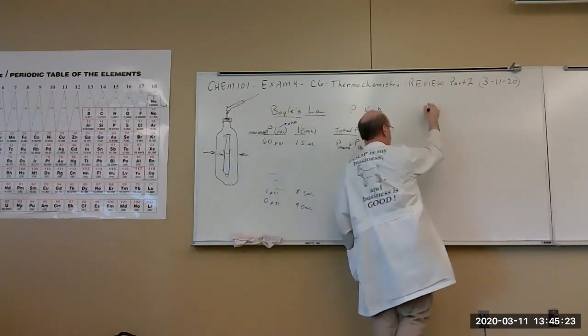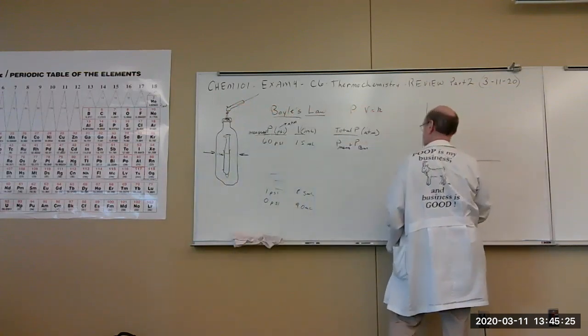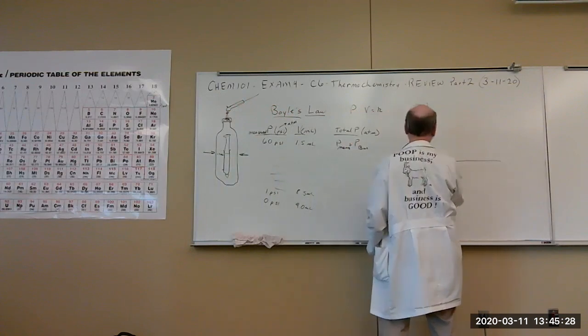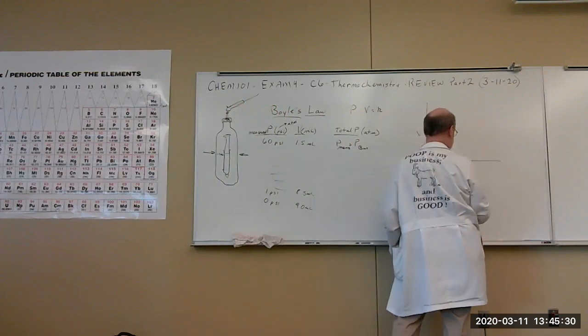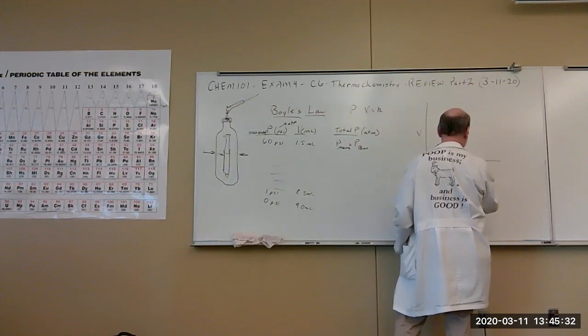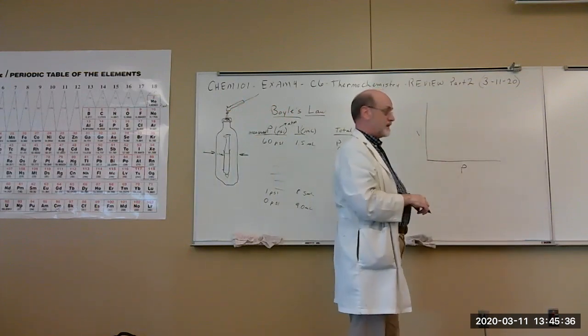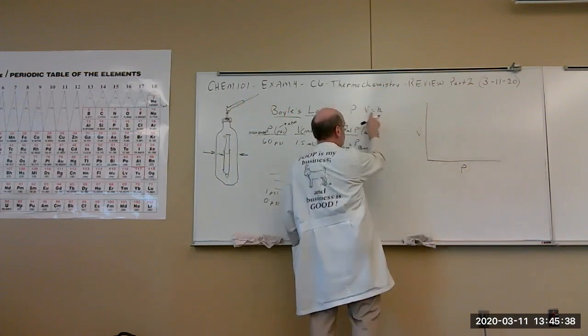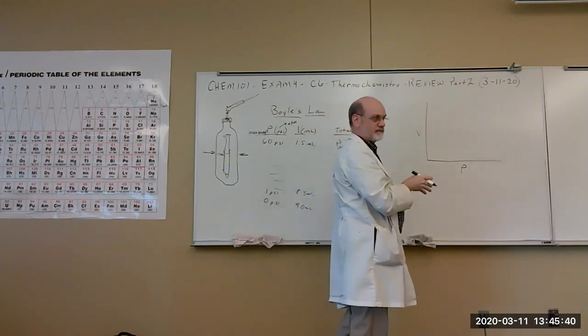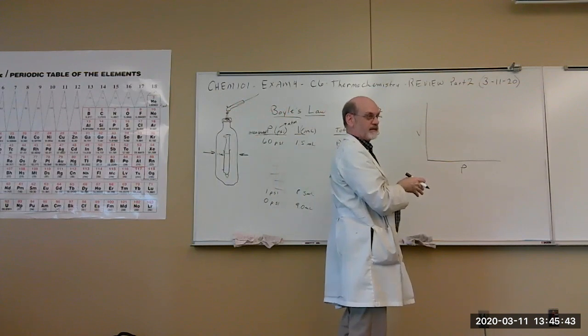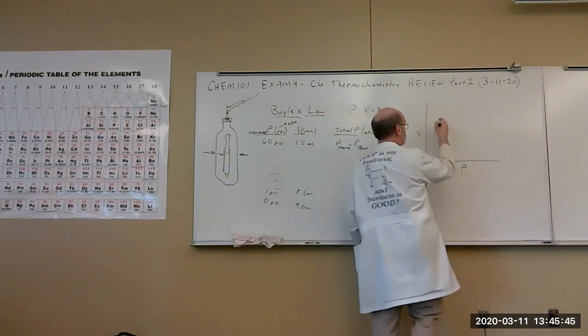And what are you going to get? Let's see. Volume is the dependent, pressure is the independent. What are we going to get if you plot that times that as a constant? You get a straight line? No. You get a curve, right?